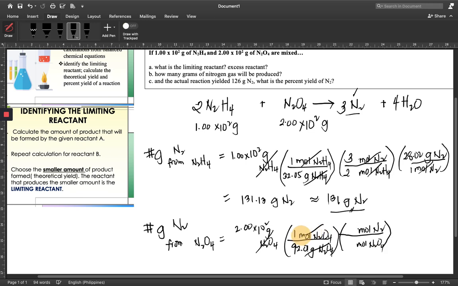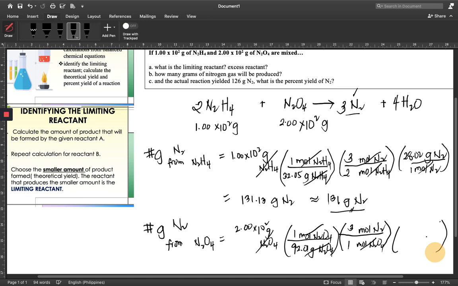On the balanced equation, we can see that for every 3 moles of N2, only 1 mole of N2O4. It's not reflected in the balanced equation that there's a number, so we assume right away that it's 1. So we get to cancel N2O4.